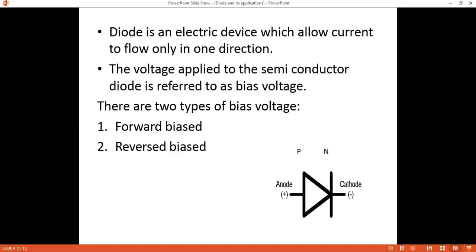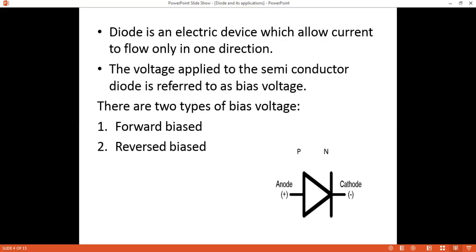Next, a diode is an electric device which allows current to flow only in one direction. Next point: the voltage applied to the semiconductor diode is referred to as a bias voltage.